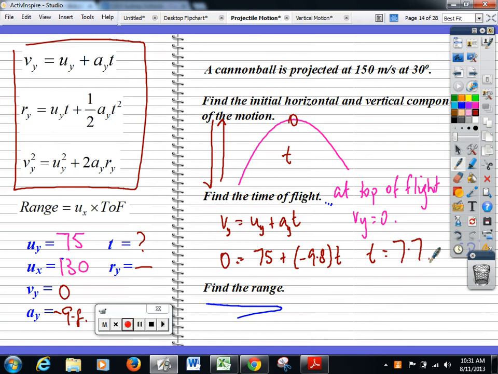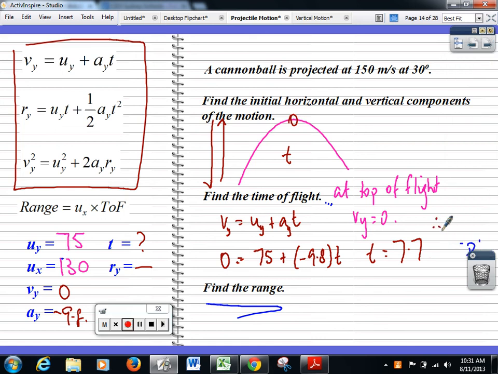Right, that's the time taken to go from the ground up to the top of its flight. What do I do with this number to find the time of flight? Right, therefore time of flight is equal to 2 lots of 7.7, which is 15.4, is that right? 15.3 if you do the originals, okay? Seconds. Are we okay with that?